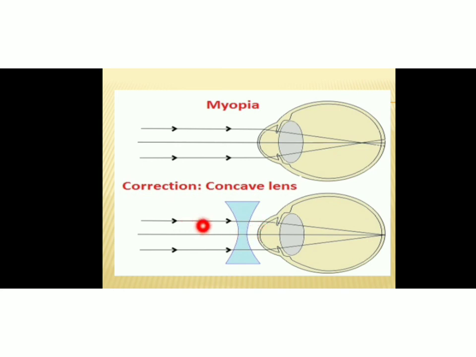If concave lenses are used, these light rays at first pass through the concave lens and diverge a little bit, and these diverged light rays passing through the eye lens finally get converged on the retina. So a myopic person can correct his defect by wearing a concave lens.